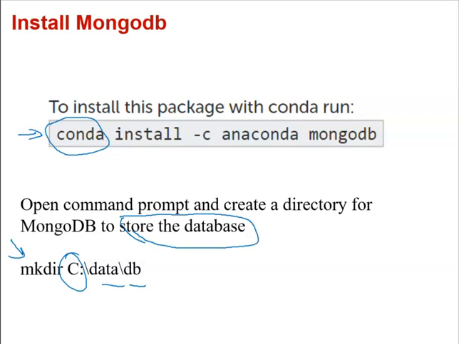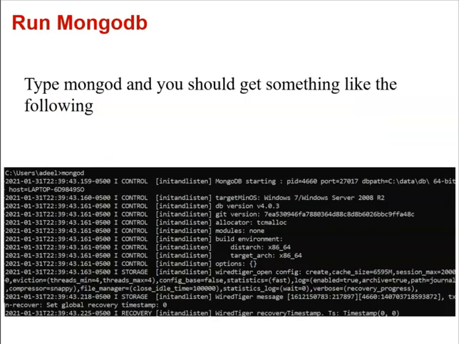Once you do that, you'll get a bunch of lines printed out. It's going to give you the version and so on, and then it's basically going to build the environment which gets the server ready for us to start running MongoDB examples.